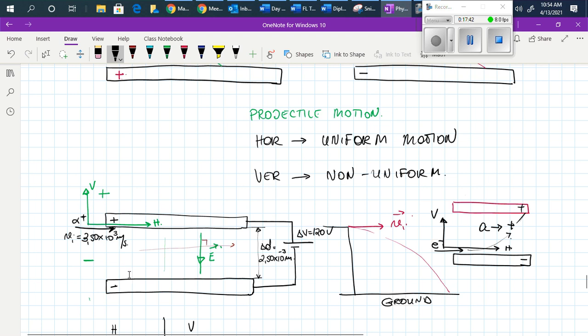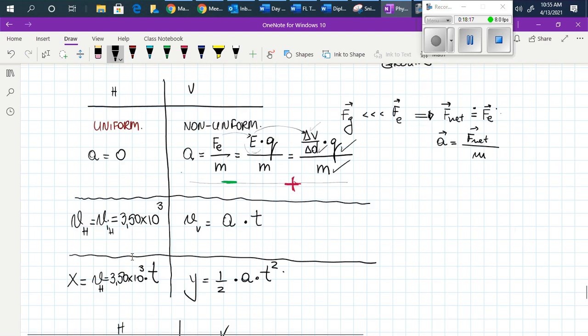It's the same as the height of the cliff in those videos that we have explained on physics, or questions that we have done on physics 20. The height of the cliff, or the distance between the plates, is 2.50 times 10 to the negative 3. If it was midpoint, then it will be whatever is the distance divided by 2. If it is 2/3, then it is whatever the distance is times 2/3 of it.